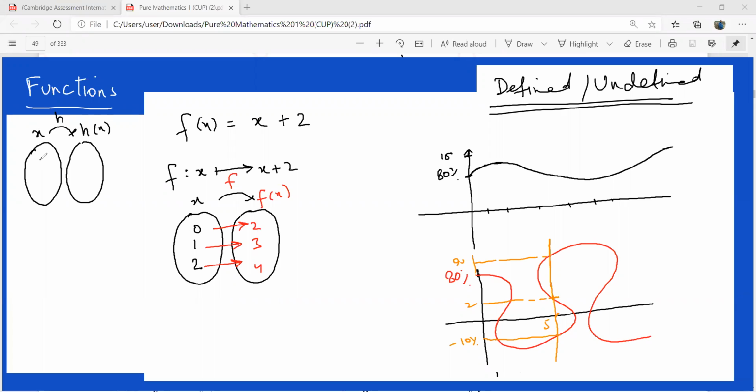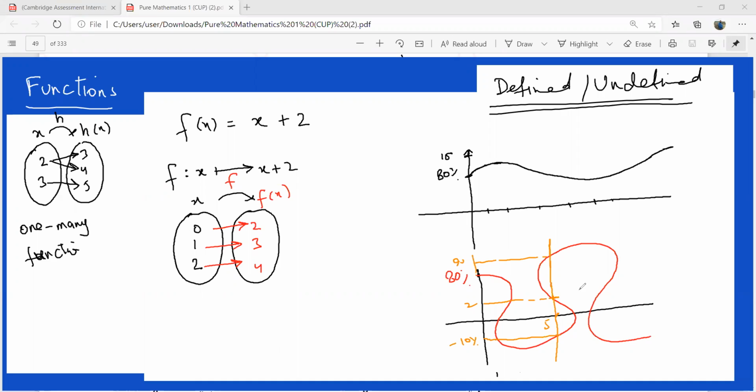Now suppose you have 2, and you have 3, 4, 5. So this is the image, this is the image, and this is the image. So this one is not a defined function because this is a one to many function. This cannot happen mathematically or realistically.